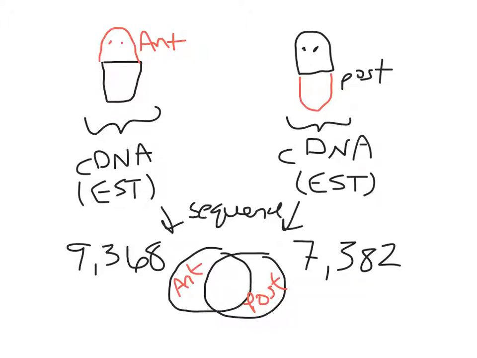So if you draw a Venn diagram, most of the genes that are expressed in both of those planaria should be the same. They're the normal, everyday RNA polymerase, DNA polymerase, actin, myosin, well, maybe not myosin. Well, probably myosin. In other words, they might have found that there are 7,000 genes that are shared in common between those two EST libraries.